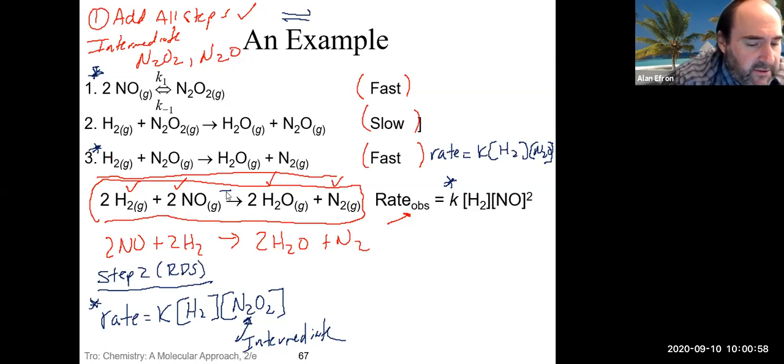When a reaction is reversible, that means there's a forward direction and a reverse direction. A forward direction heading from reactants to products, a reverse direction heading from products back to reactants. And at some point, it will reach equilibrium, which means the rate of the forward reaction will equal the rate of the reverse reaction. So at some point, for a step like this, the rate of the forward reaction will equal the rate of the reverse reaction.